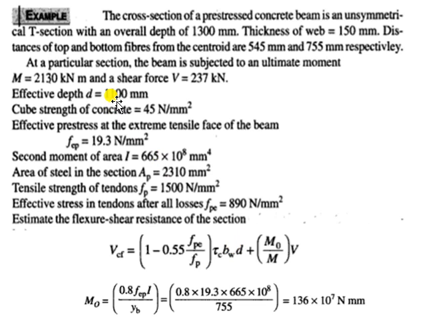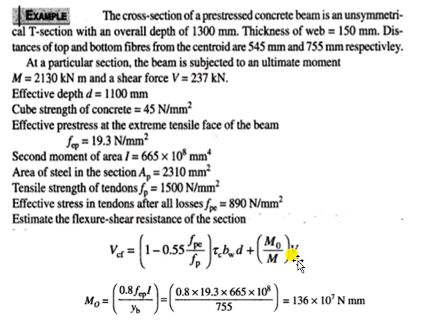Effective depth is given, that is 1100 mm. M naught is not given, M is given. M is the ultimate moment, 2130 kilonewton meter, and V, the shear force, is given as 237 kilonewton.